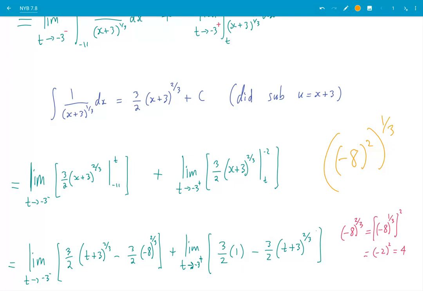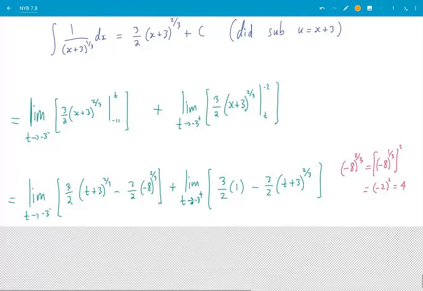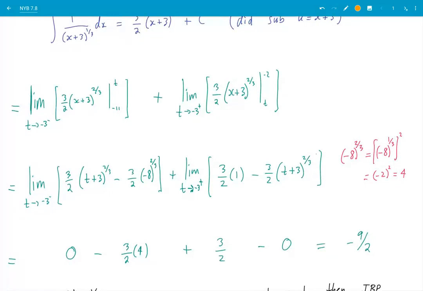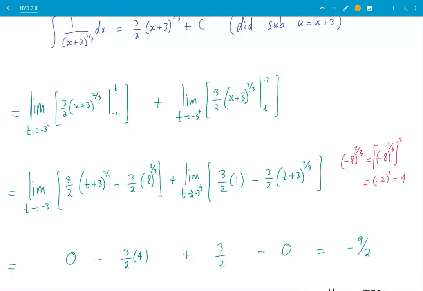You have that option, but it's not a good option. It's going to require more work. So the way I break up this fractional exponent is the better way. So it's going to give me a 4 down here. So this is a big mess, but I proceed carefully. And I get minus 9 over 2.